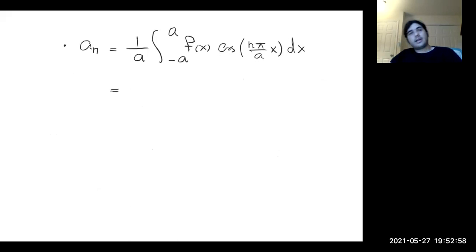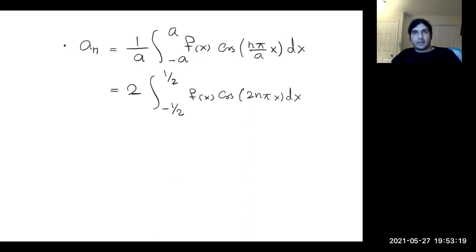Again here, because a is 1 over 2, 1 over a would be 2, integral from minus 1 over 2 to 1 over 2 of f(x) times cosine of 2n pi x dx.